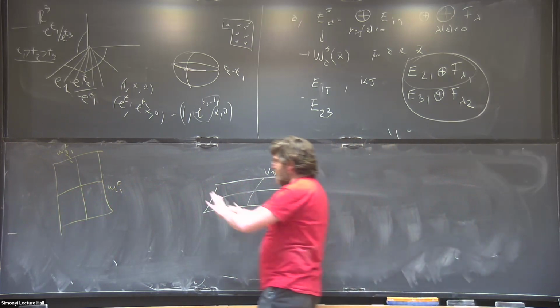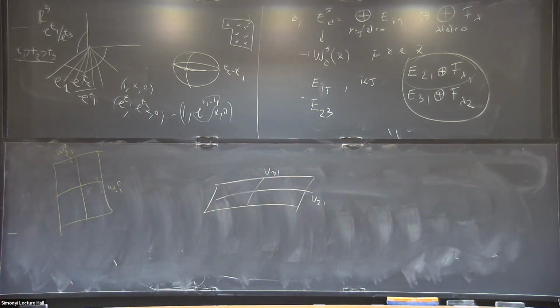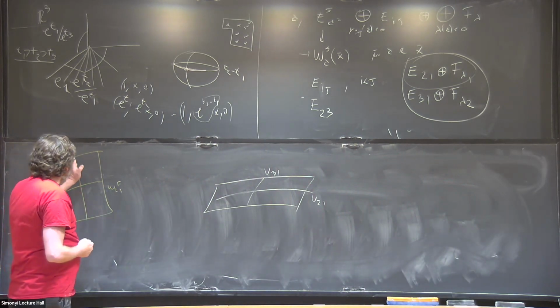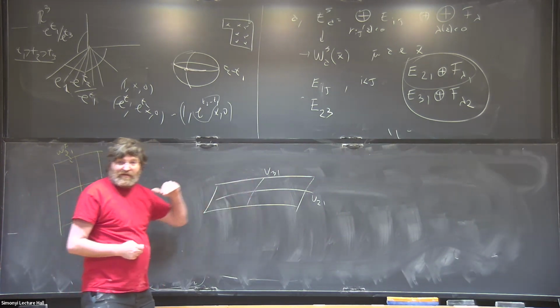Okay, and I have the product of this times this. This is a four-dimensional guy, which also splits as the product of this times this times this times that.